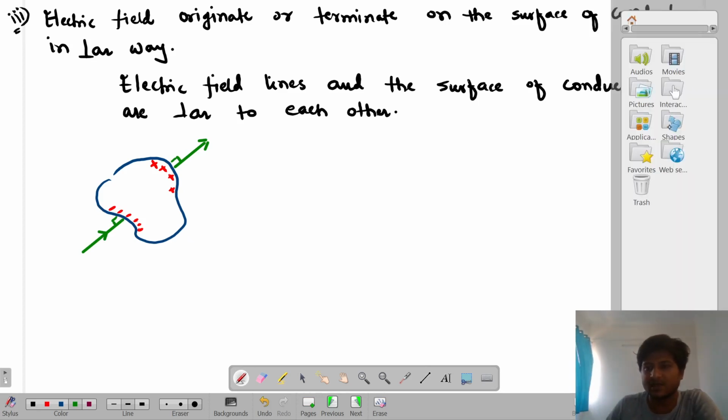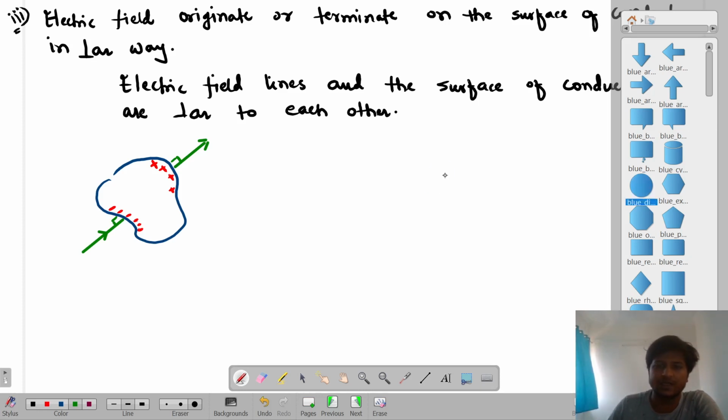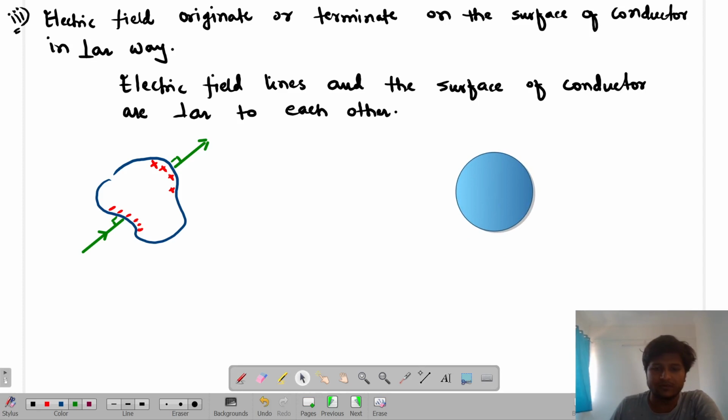If I select some kind of symmetrical object, like a spherical object, then what will happen? Suppose I consider a charge, then you will see the whole electric field is terminating in what way?